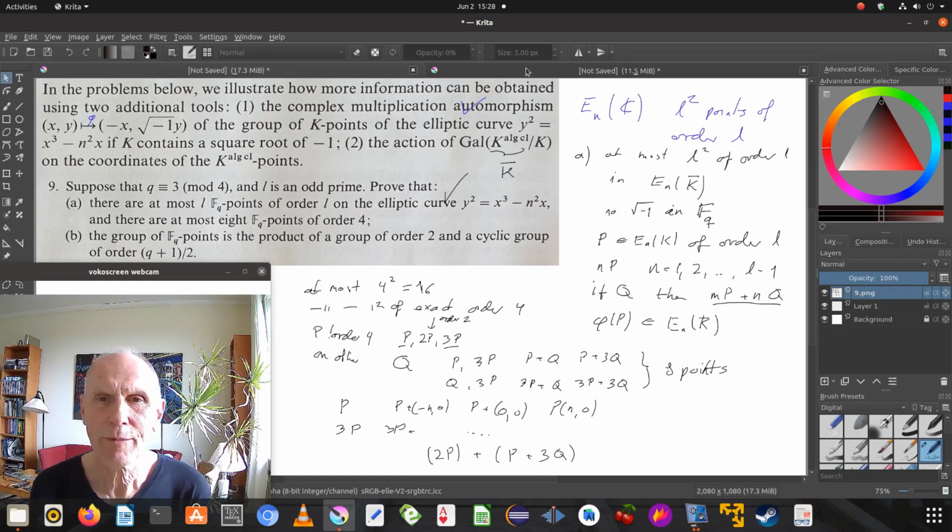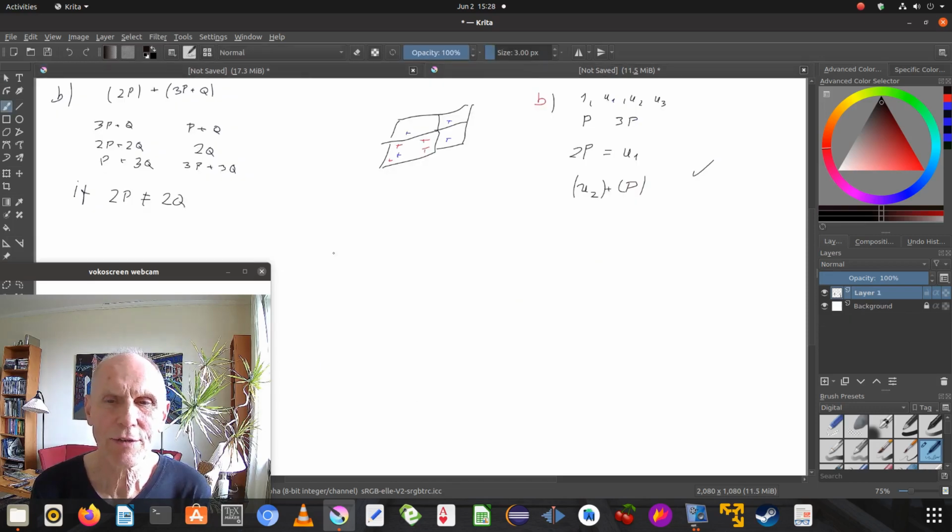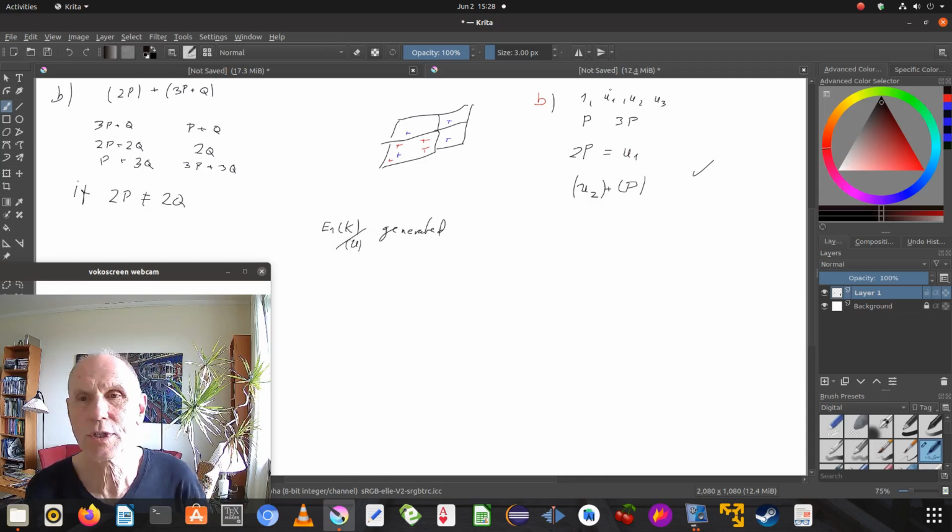I had an idea, and that is if it's generated by elements, distinct elements of prime, so we have En of k slash the units. This is the group of units, not units of elements of order 2.